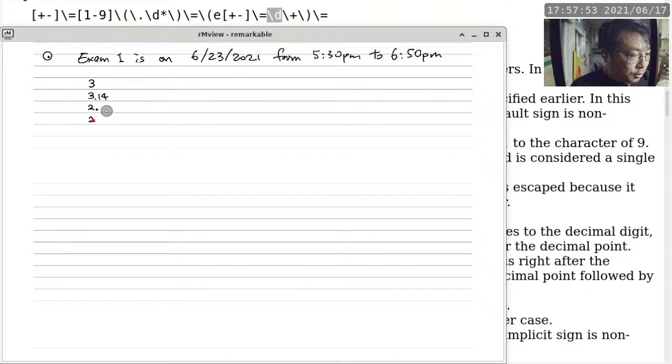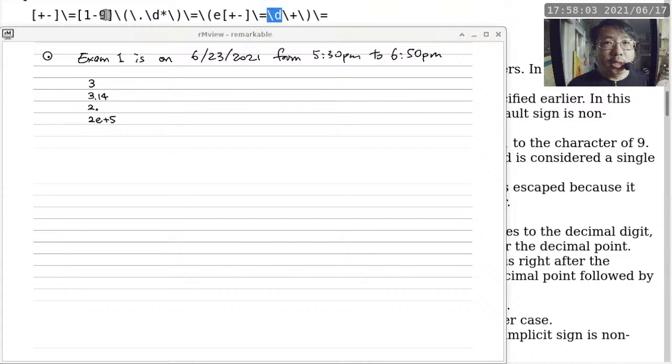And then we can have 2e plus 5. Okay, this one is also perfectly okay. The 2 is going to match 1-9, and then we don't have any decimal point for the mantissa, nor any digits after the decimal point. And then we can have the optional e, so this e is matching this e over here.